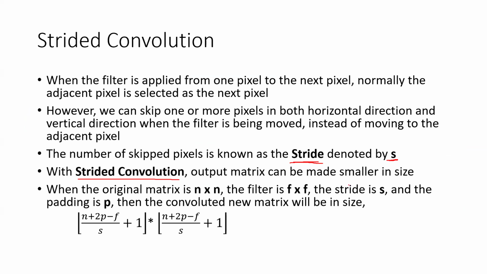In order to find the strided convolution matrix dimensions, you can use this formula, right? When you have an original image with n by n dimensions and apply an f by f filter with stride s and padding p, then the strided convoluted image would have dimensions of floor of (n plus 2p minus f) divided by s, plus 1.